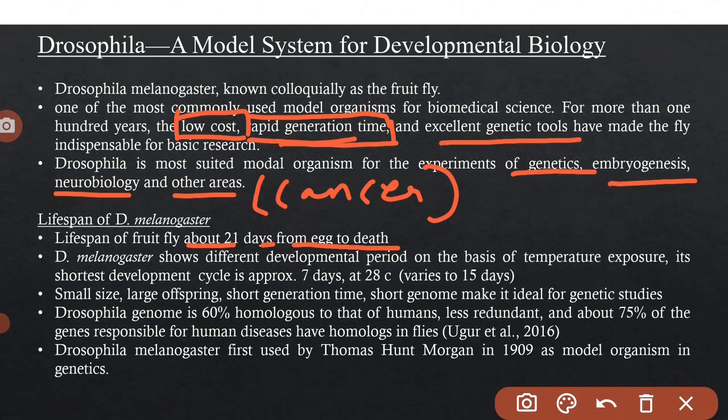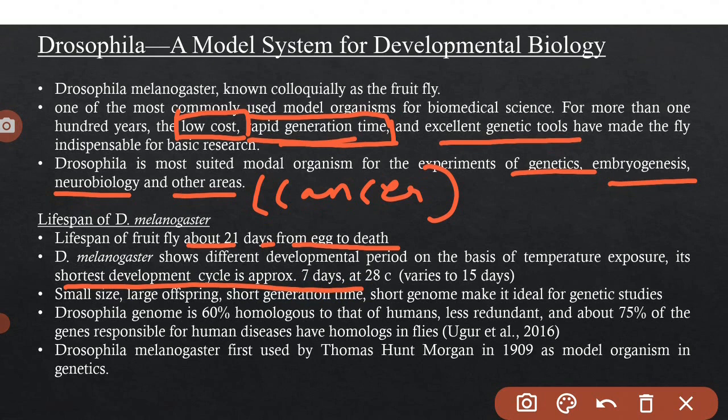Drosophila melanogaster shows different developmental periods depending on temperature exposure. If we expose Drosophila at 28 degrees Celsius, it shows the shortest developmental period, approximately 7 days. Similarly, if we expose the egg of Drosophila at 15 degrees Celsius, it takes 15 days to complete its developmental cycle.